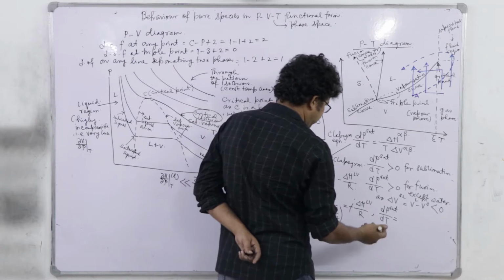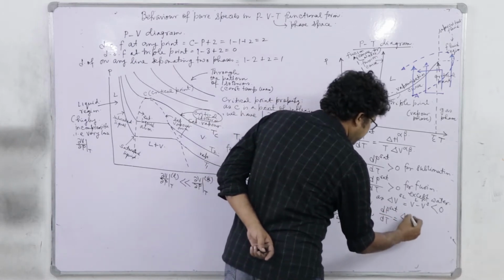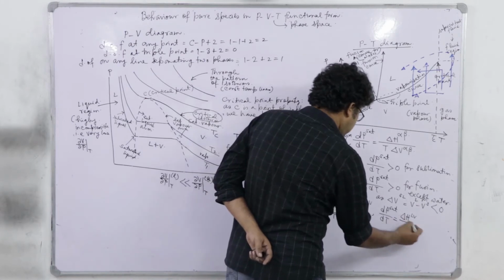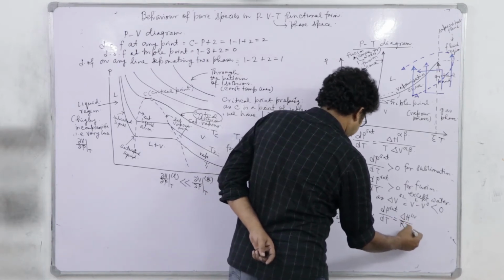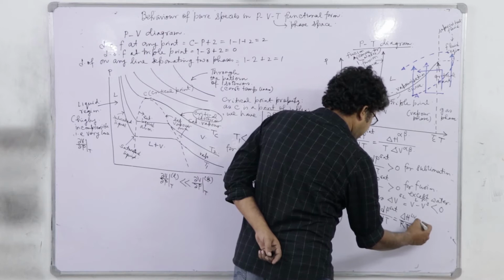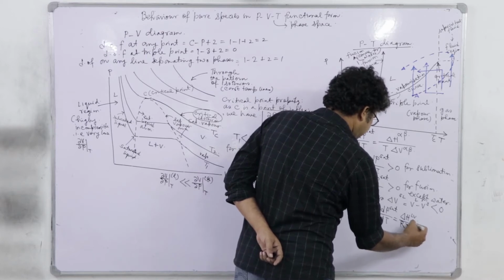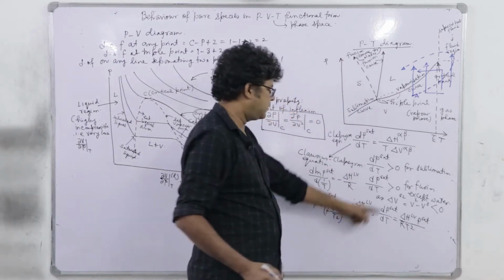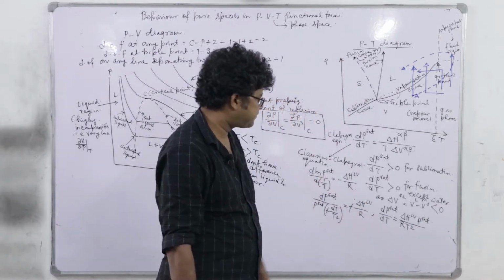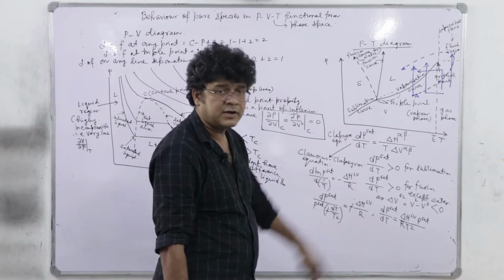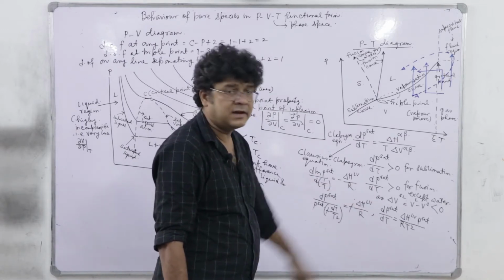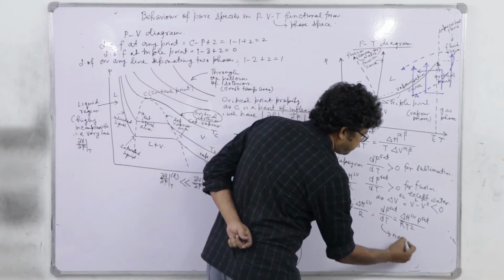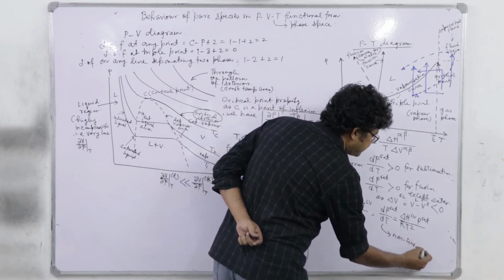dPsat/dT is positive because this is equal to ΔH LV by RT squared into this Psat. So, you see the slope here is dependent on the pressure, and essentially it gives you a nonlinear profile, right.